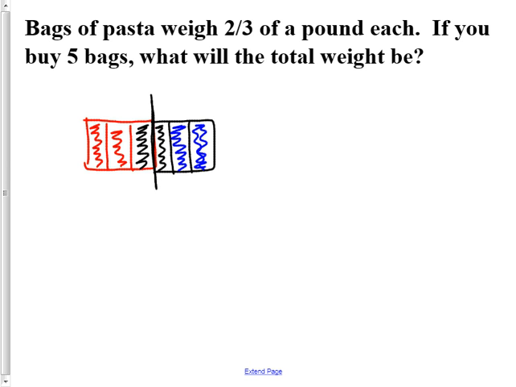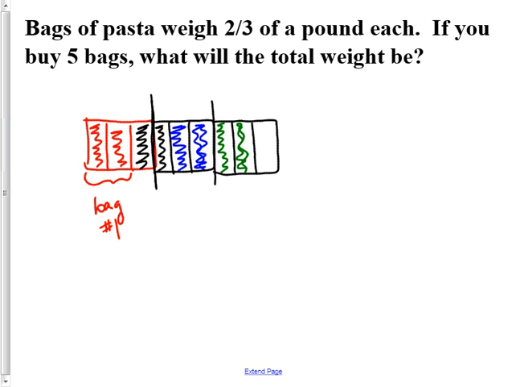But I'm not done yet. I'm at the end of my 2 pounds, but I'm going to draw another pound on here to be able to accommodate more pasta. Splitting this into thirds, I now need another bag. So I've got 4 bags at this point because I've got bag number 1, and then I have bag number 2, and then I have bag number 3, is here in the blue.